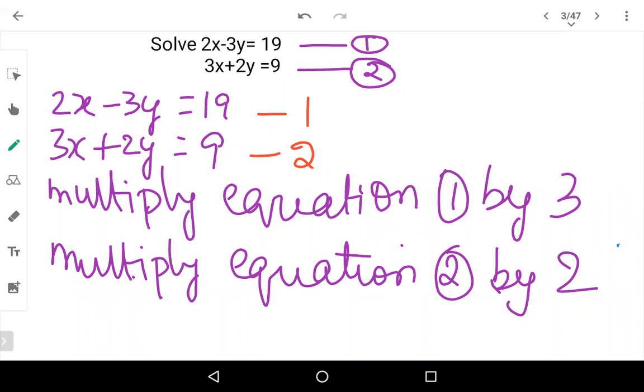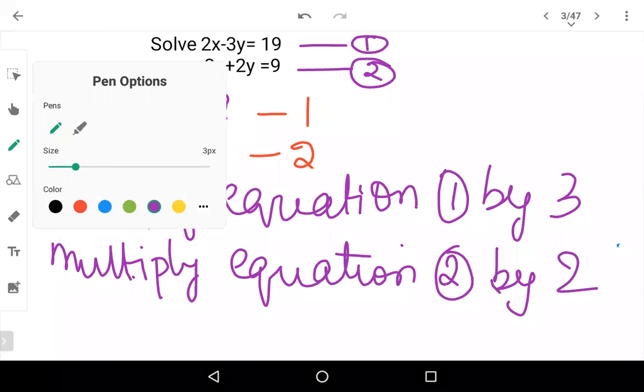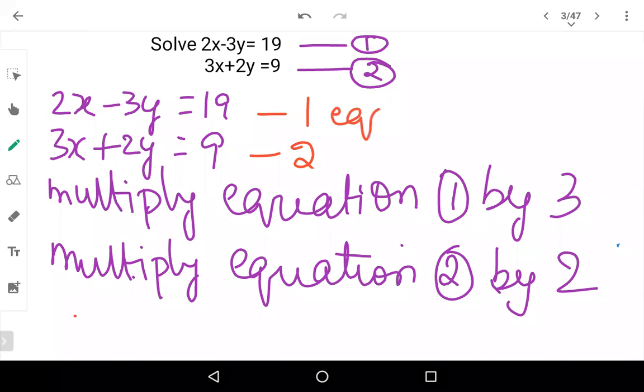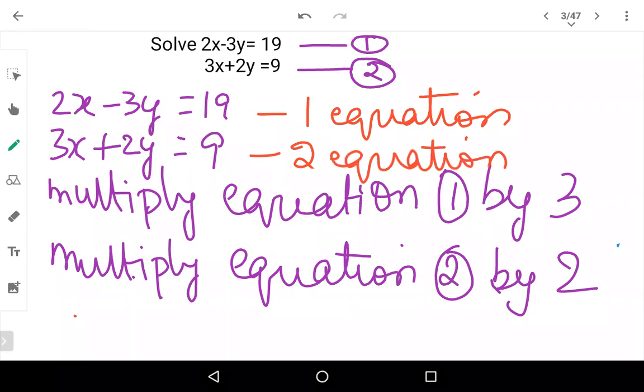So I'm going to multiply equation 1 by 3 and equation 2 by 2. This is going to help me to numerically make the x variable coefficients the same. Before I go to the next, I'll just write it as equation 1 and equation 2. Okay, now let us continue.